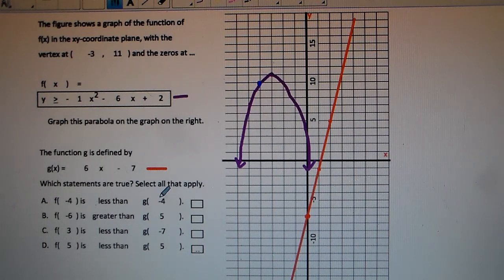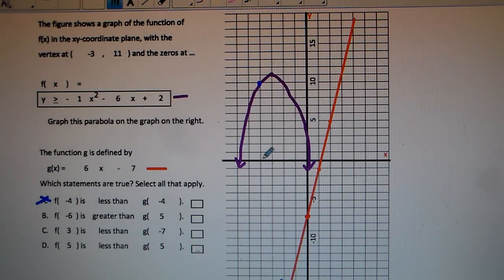Is it less than g of negative 4? Well, g of negative 4, the red line at negative 4, is all the way down here. So is f of negative 4 less than? No, it looks like it's greater than. F of negative 4 is taller than g of negative 4. So that's not going to work out. That's a false statement.